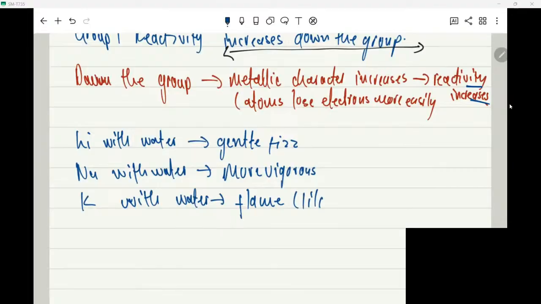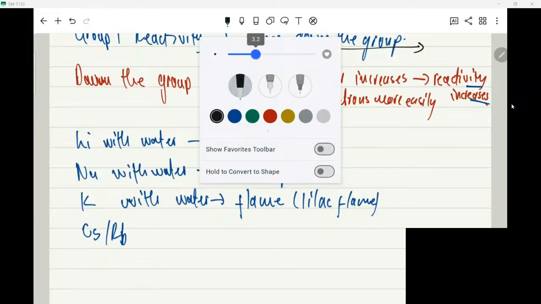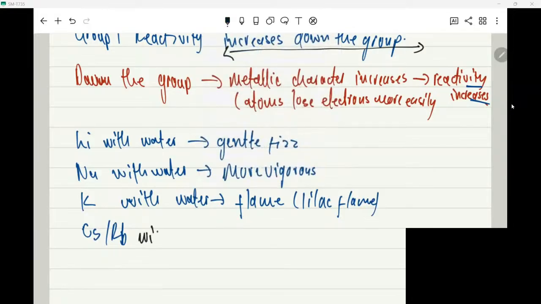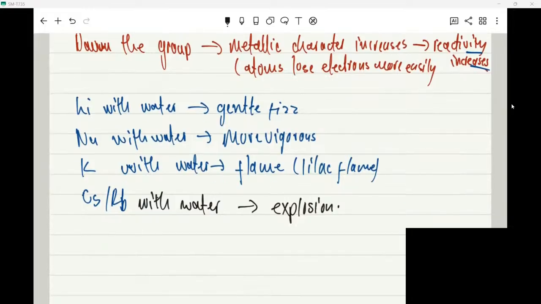A lilac flame, but it's a flame. Then when you put cesium or rubidium in water, you get an explosion. These two with water explode.